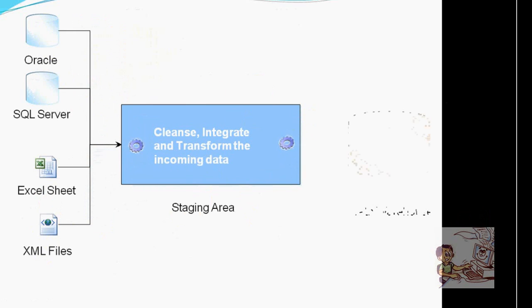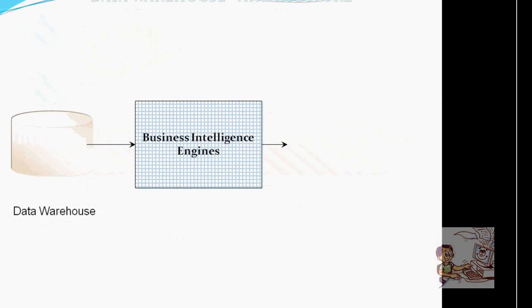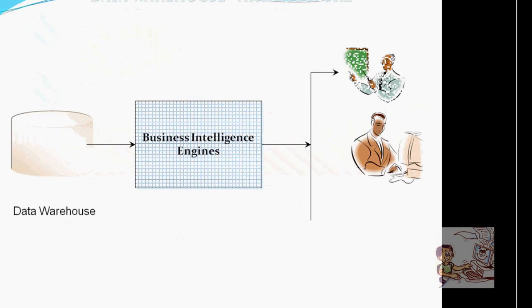Here we are cleansing the data, applying the logic, and finally we are loading data into the data warehouse. After that, from the data warehouse we are integrating the data using reporting tools. We are generating the reports for business analysts, end users, professional users, managers.